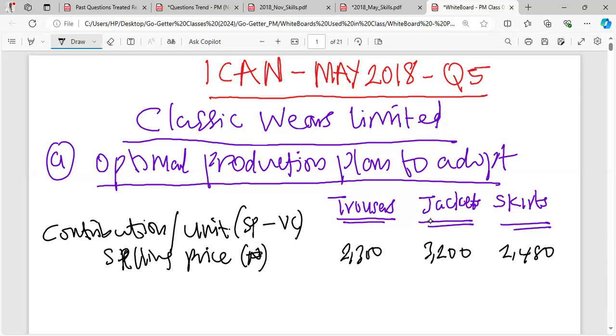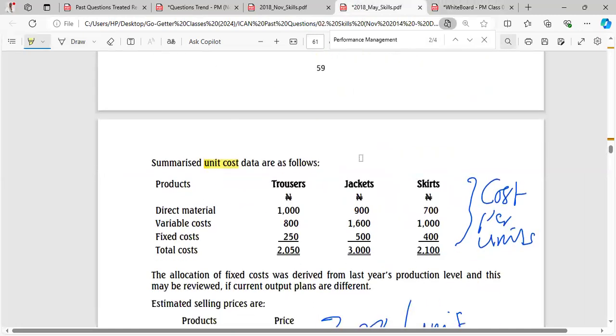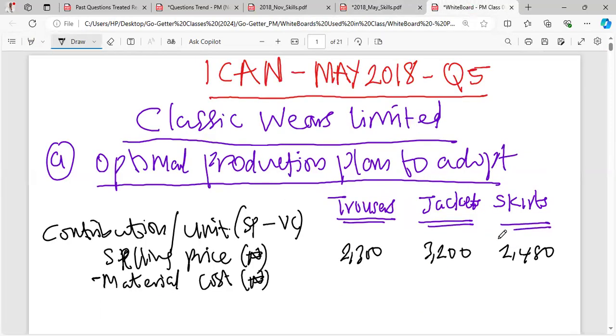Then we have less material costs, also in Naira. So let's look at the material cost for each of them. This is 1,000. This is 900. And this is 700.